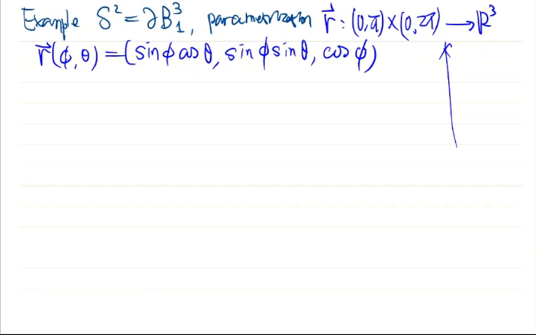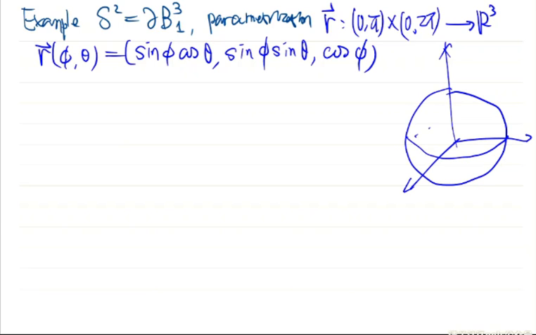So the sphere is here, and given a point on the sphere, what is phi versus theta? This angle is phi.